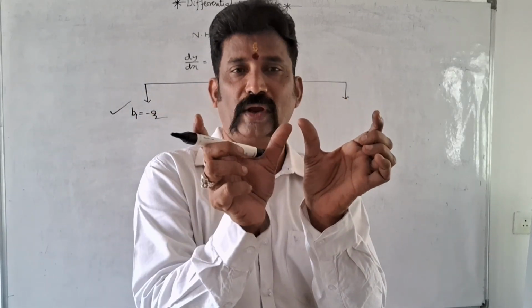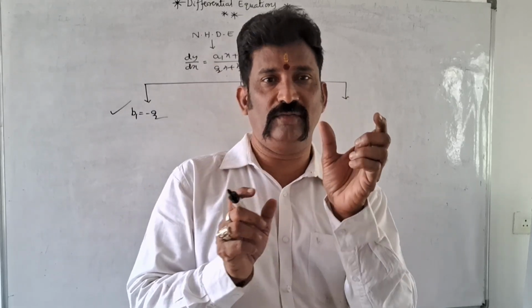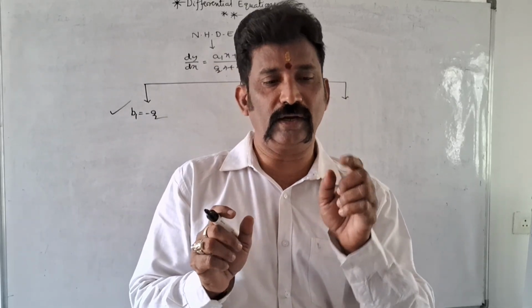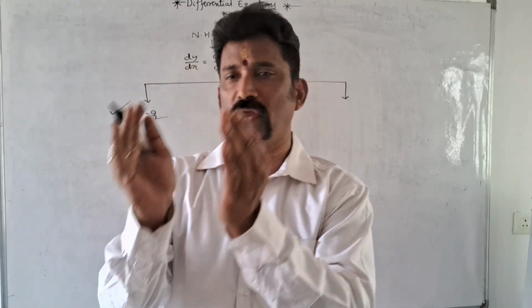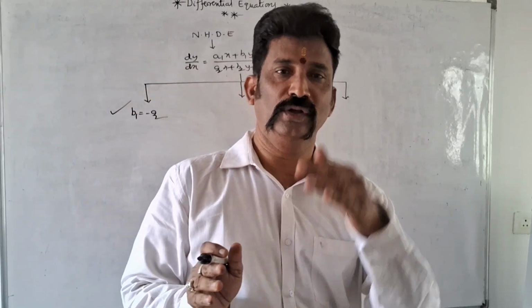We have to focus on those two terms, x dy plus y dx, that can be written as the derivative of xy. The remaining y terms and x terms are separate. Applying integration, we get the answer.